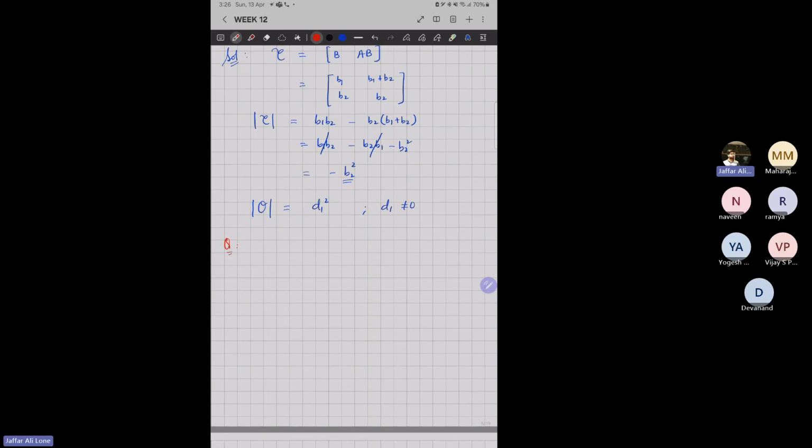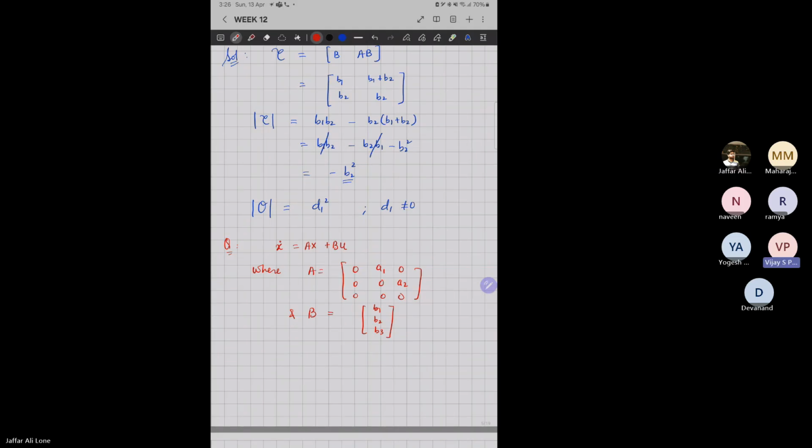Okay, no problem. Now let's consider the following system: X dot is equal to AX plus BU, where A is the same as what I was talking about, and B is B1, B2.